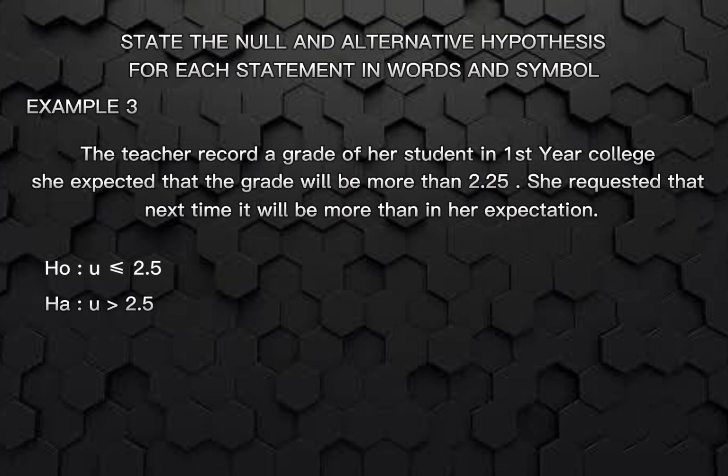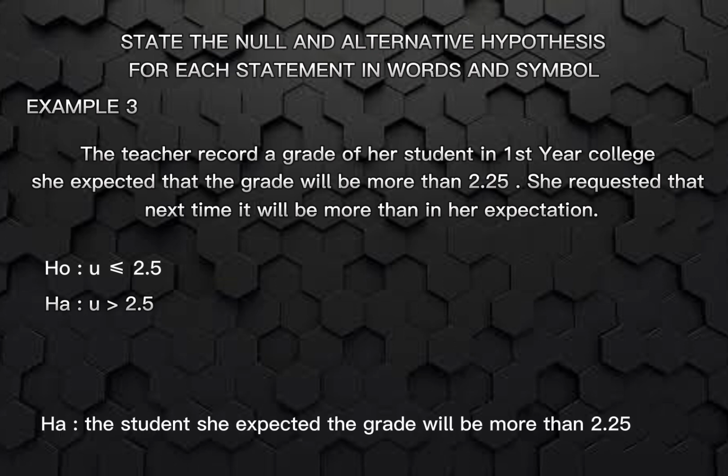And how about in words? Kung nakinig kayo guys, alam nyo na yung sagot by using words. So, sabi ko kanina guys, this statement is alternative hypothesis. Kaya i-direct na natin ito agad sa ating alternative hypothesis. So, the alternative hypothesis is the student, she expected the grade will be more than 2.5.